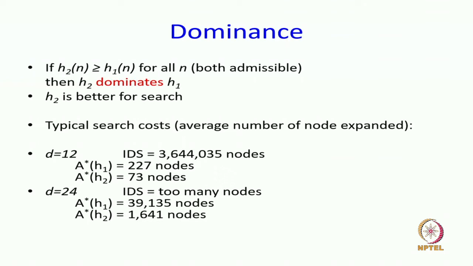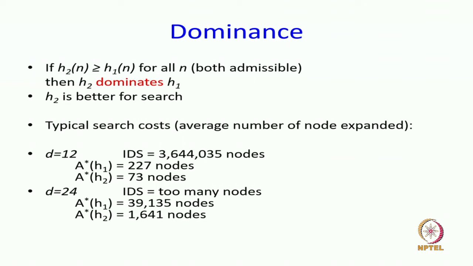In comparison, A star on H1 requires only 227 nodes, and A star on H2 requires only 73 nodes. Think about it, we can't prove anything formally per se, right. In the worst case, things may be exponential, but in practice, A star algorithms are superior by a large magnitude for most problems if you have a good heuristic. And here H1 is not even that good a heuristic.